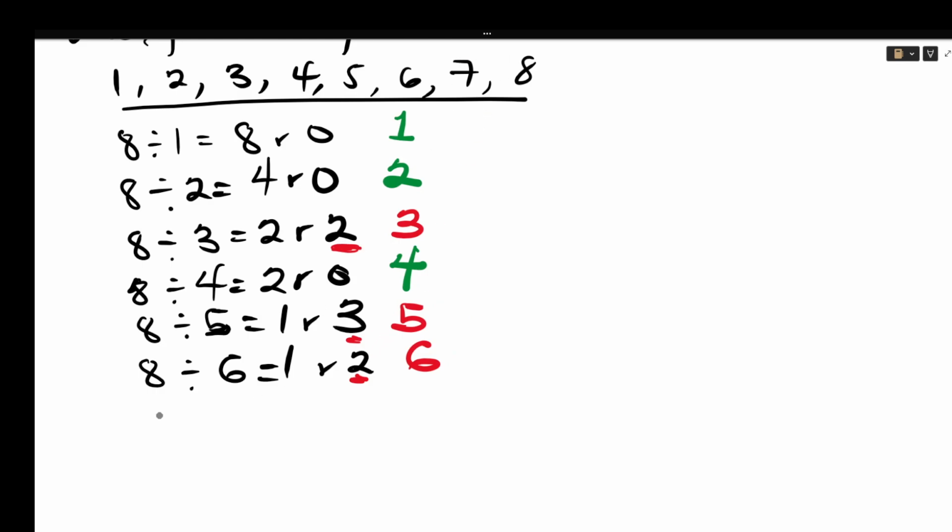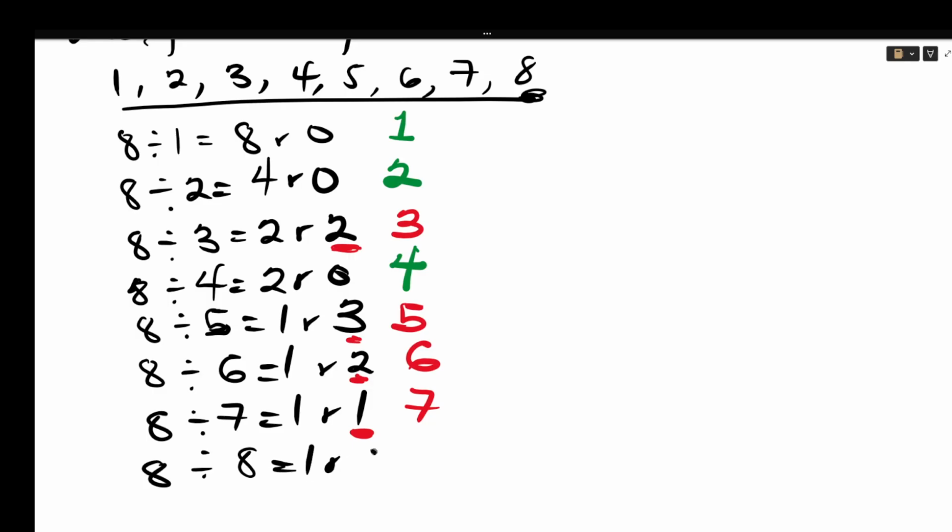Moving on to the last but not the least, 8 divided by 7, which is also 1, remainder 1. You could see we have a remainder of 1, therefore 7 can't be a factor of 8. Now to the last one, which is number 8 itself. 8 divided by 8 is 1, remainder 0.